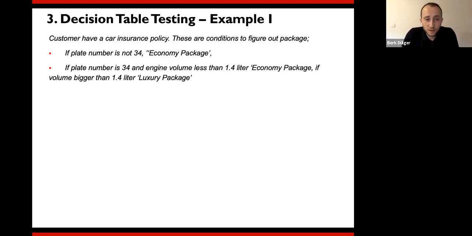So insurance companies consider having an Istanbul plate a criterion. And also in this example, there is a motor volume, engine volume. If it is below or above something, it will affect the category of the insurance package. Okay, so what if we want to create a decision table for such a problem?